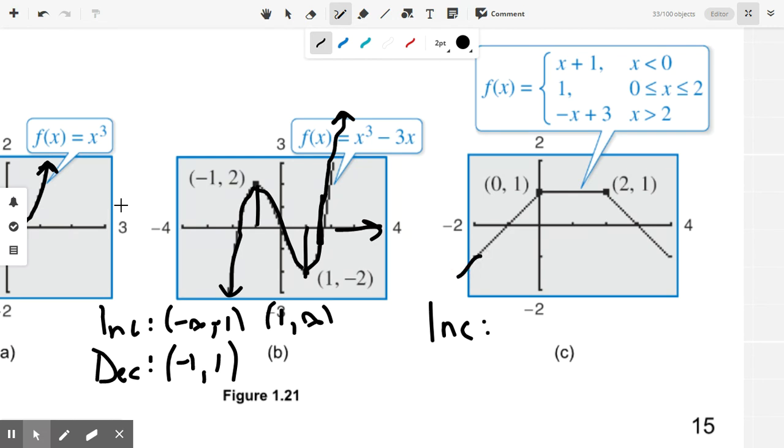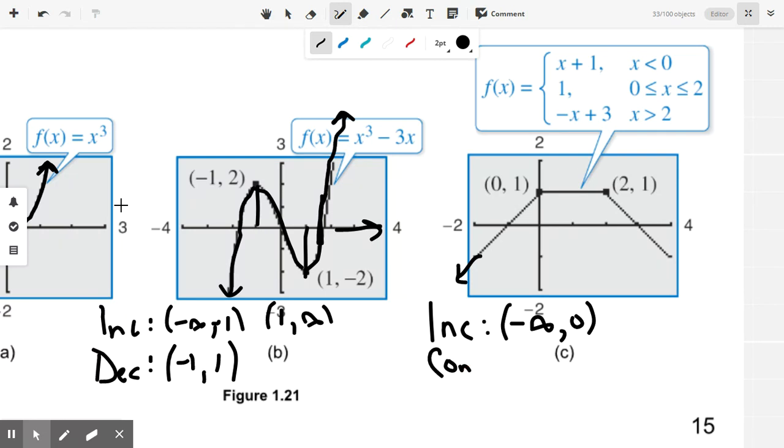Well, this is going to go forever. So as I go in the negative direction to infinity, it's going to continue to go down this way forever. So basically, it is coming up from negative infinity all the way up to x equals 0. So it is increasing from negative infinity to 0.